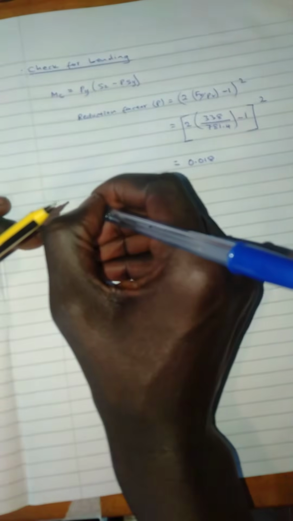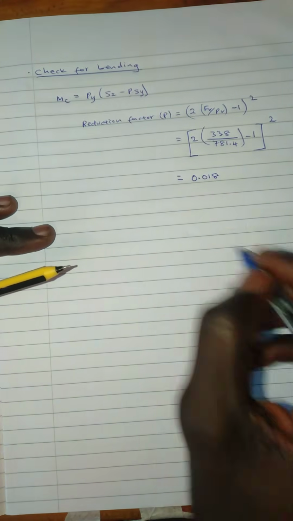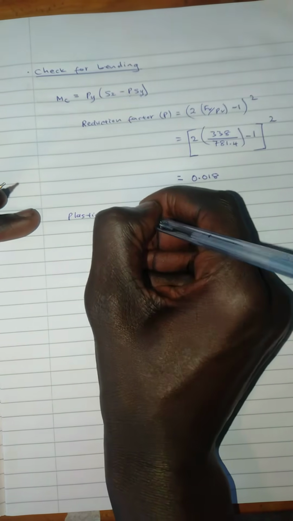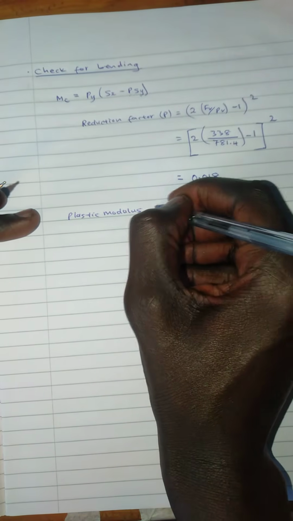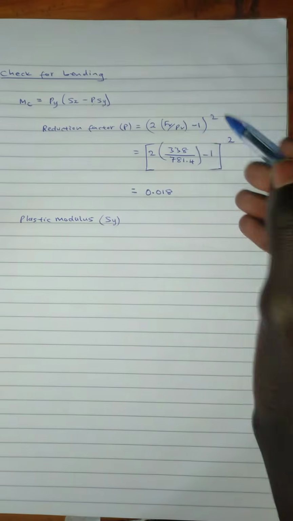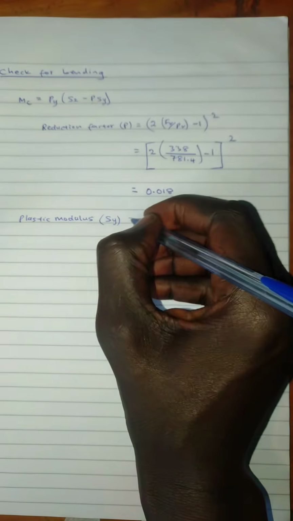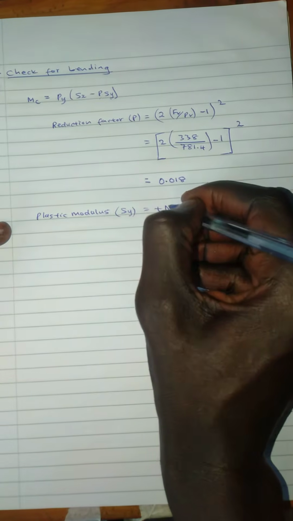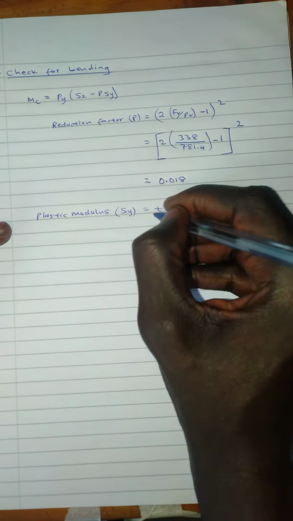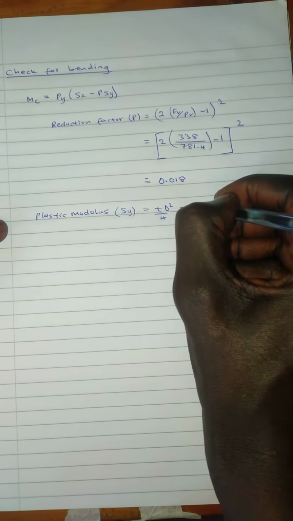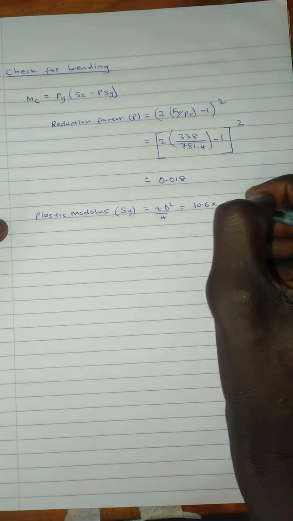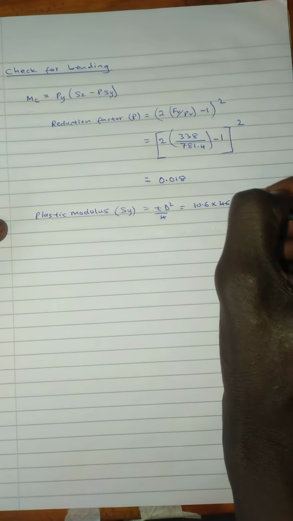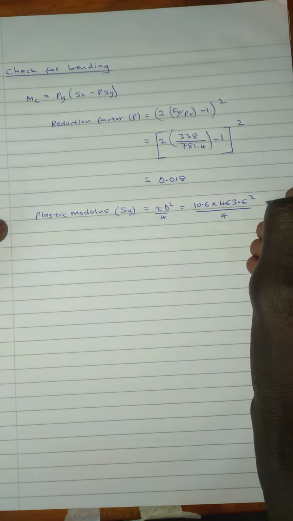So the Sy is the plastic modulus. This one we have to find also. Its formula is just td squared over 4. We have our t, it was 10.6, times our depth 363.6 squared divided by 4.